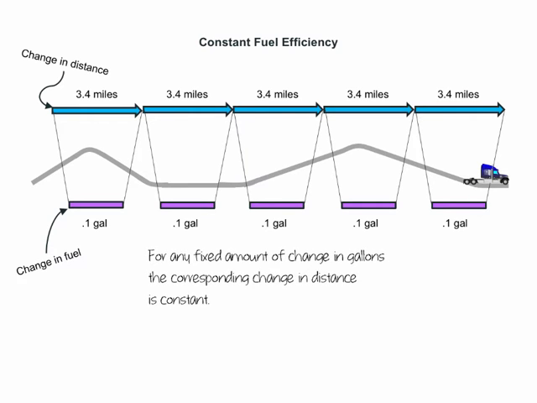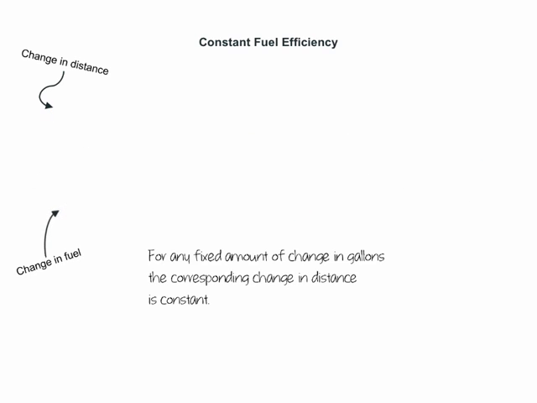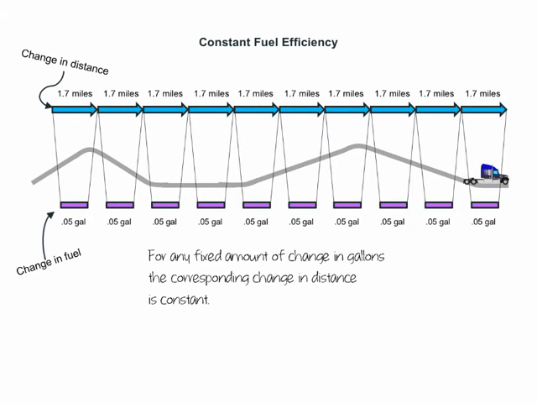In the example, for each 1/10 of a gallon of fuel consumed, there was a corresponding 3.4-mile change in distance. This also meant that once we fixed any interval of change in fuel, 1/10 of a gallon intervals, 1/20th of a gallon intervals, etc., each interval had the same amount of change in distance.